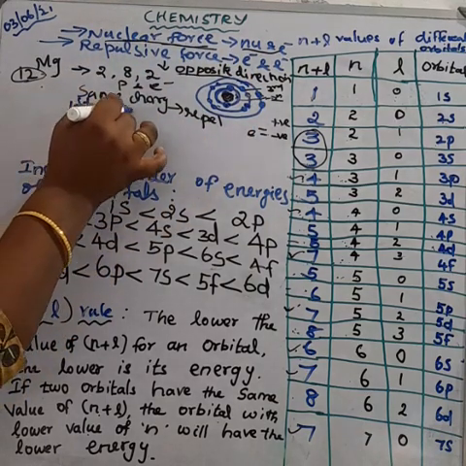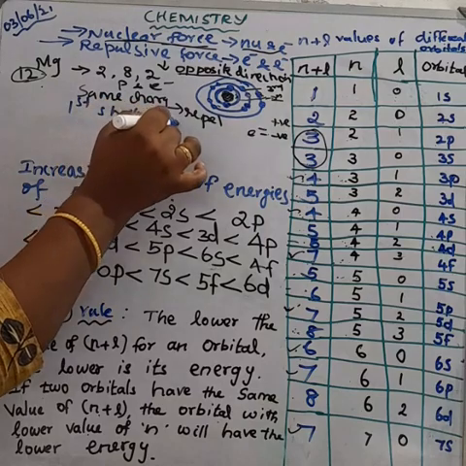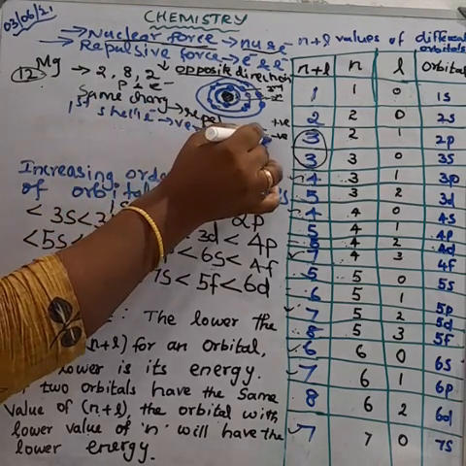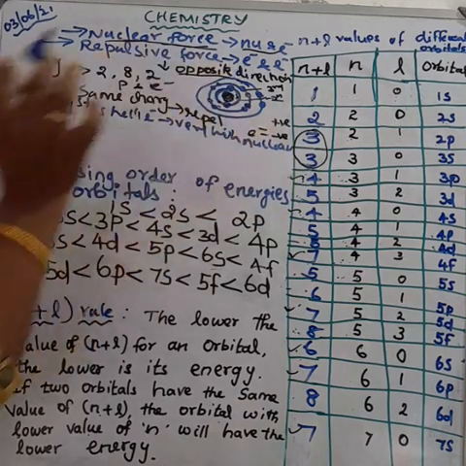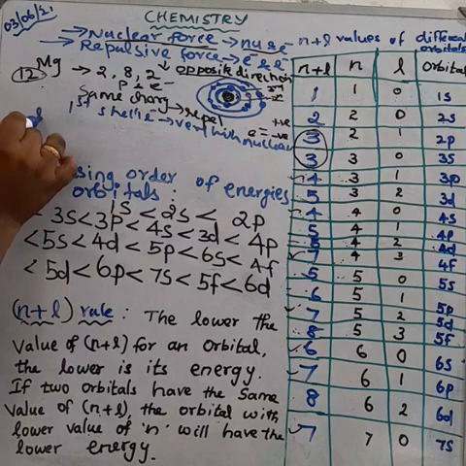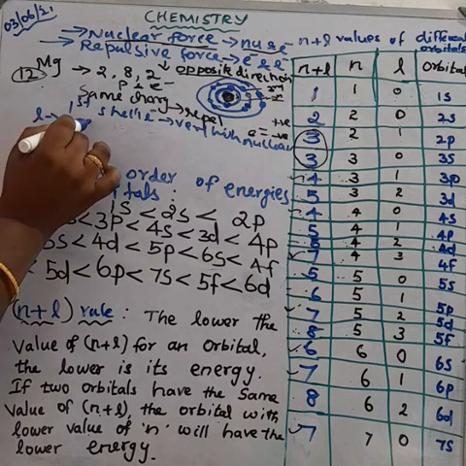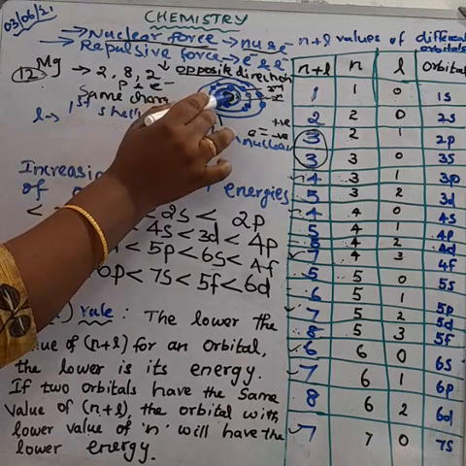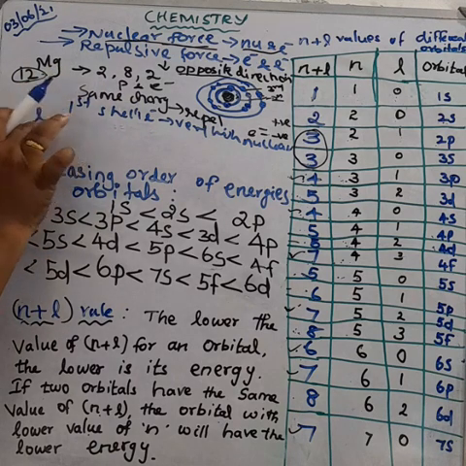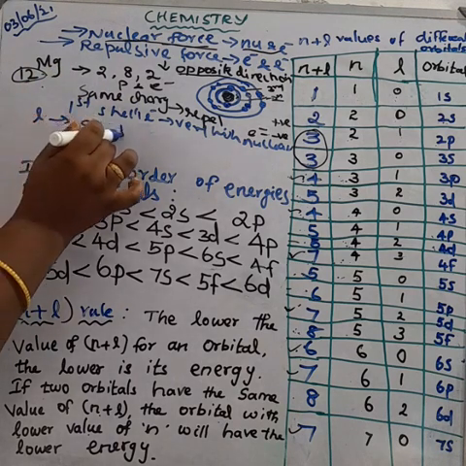This nuclear force depends upon the azimuthal quantum number, that is small l, which represents the shape of the atomic orbitals. The nuclear force depends upon the subshell, that is the s, p, d and f orbitals.